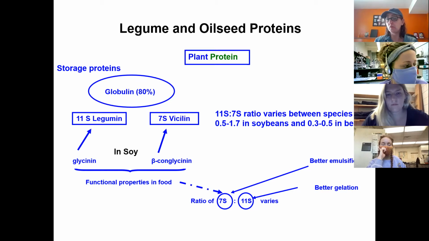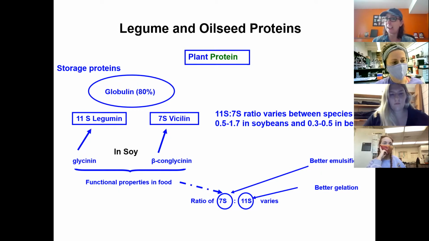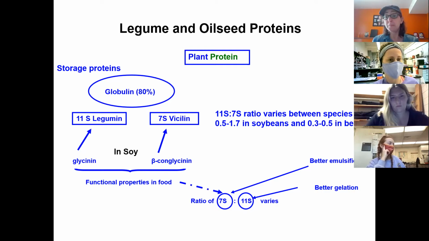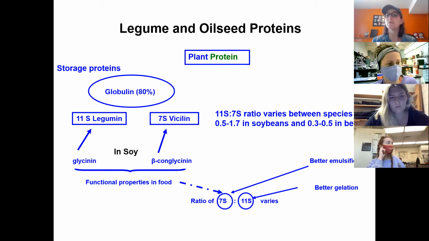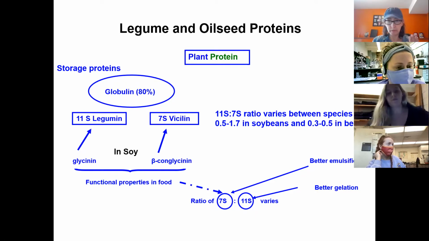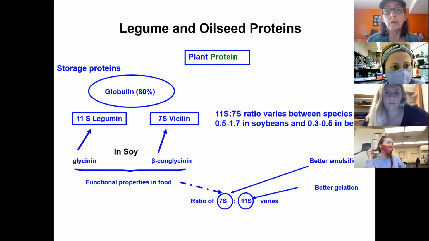7S, due to surface properties, tends to be a better emulsifier, or at least might have better emulsification activity. But the presence of 11S contributes to viscosity, the thickness of the film around the oil droplet, or water droplet if it is a water-in-oil emulsion.